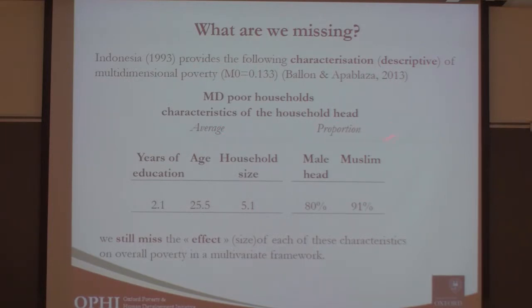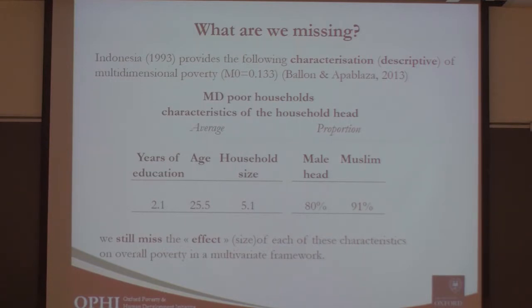We also have the proportion by religion, across different districts: 80% were Muslim, and 80% were male-headed. So this is information which is also trying to explain what is happening with this M0.